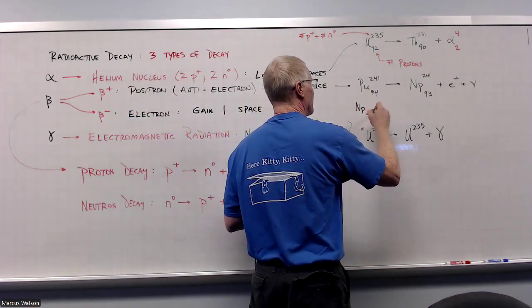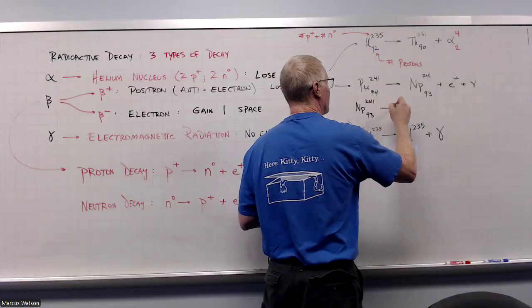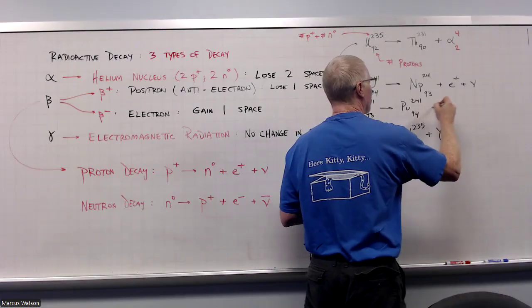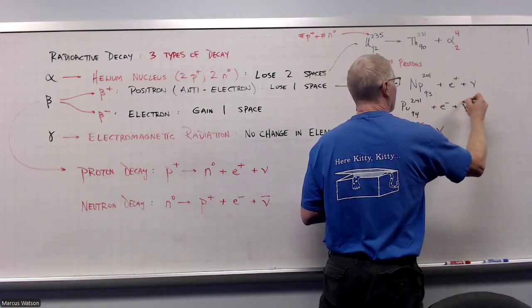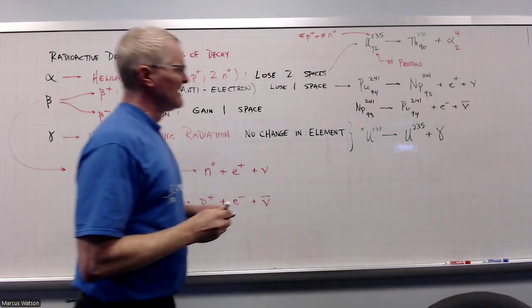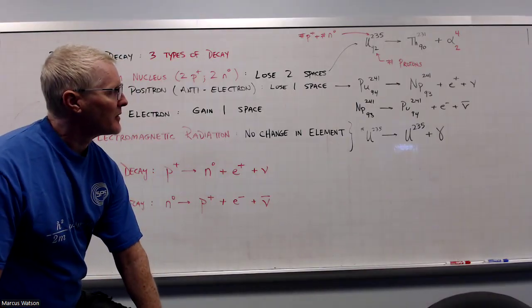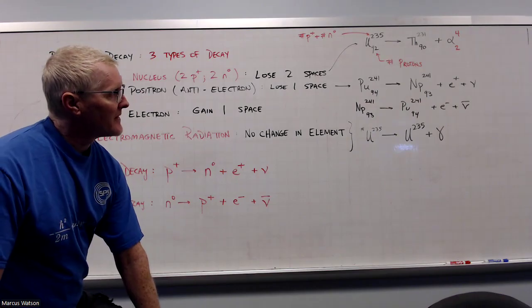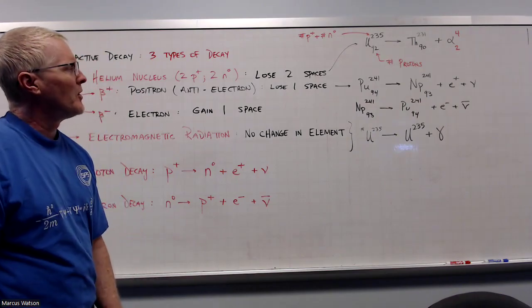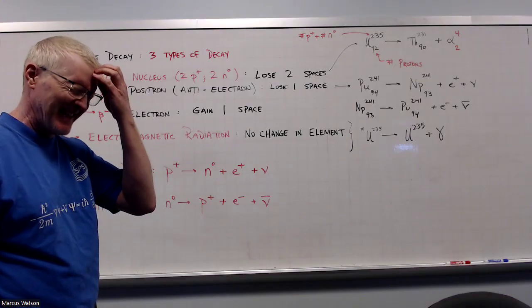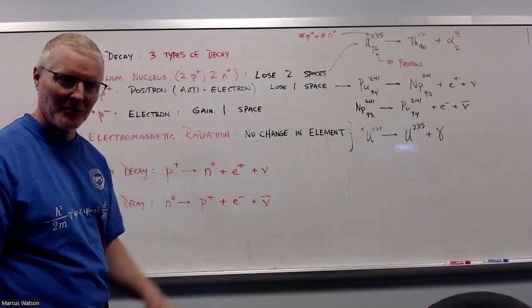So you do this, like so. All right, so that's what examples I have for you here. That's what it looks like when you write these things out. Hopefully I got neptunium correct. I think it is the planet series when you go from uranium to plutonium.